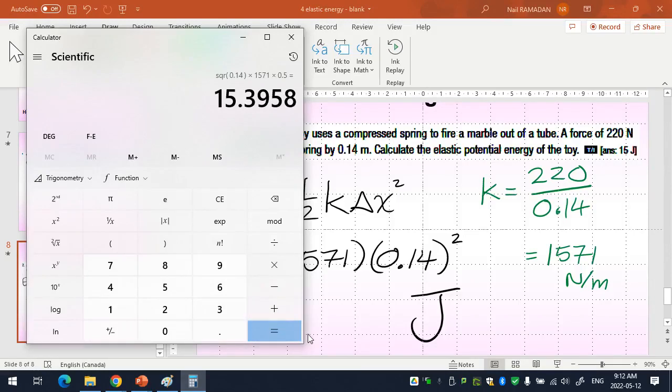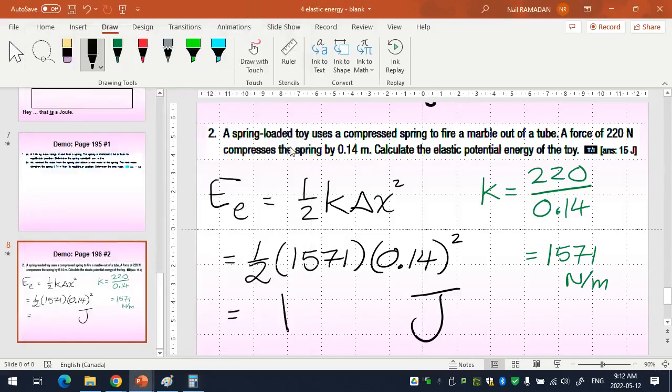That's it. Sig figs is 2, so 15. And that's all we need to know about the basics of Hooke's law and the elastic energy equation.